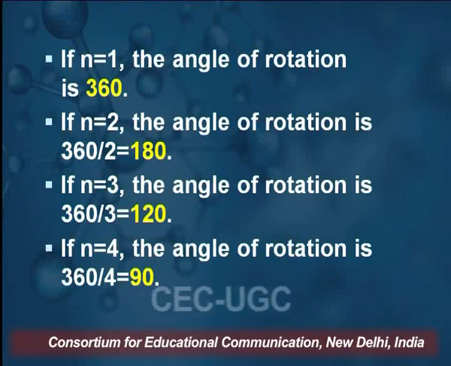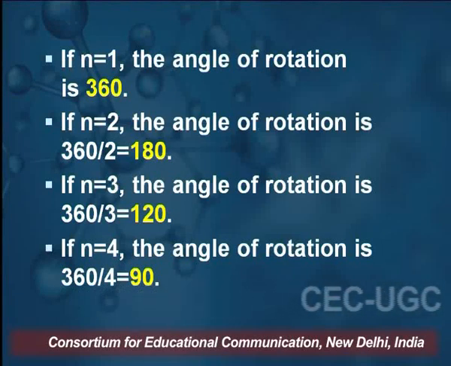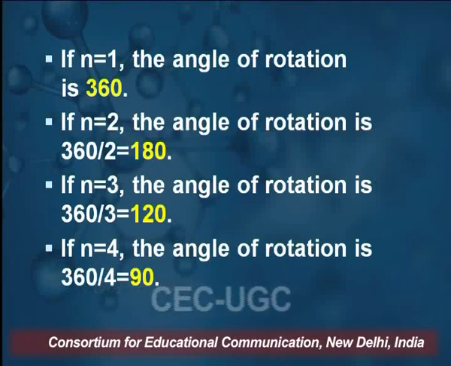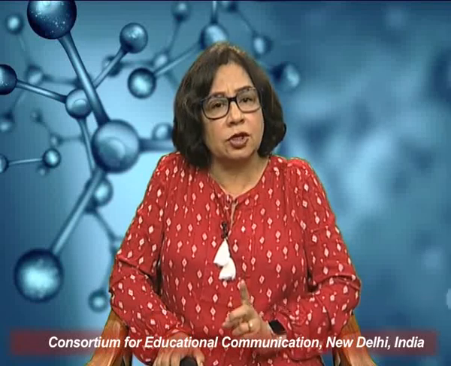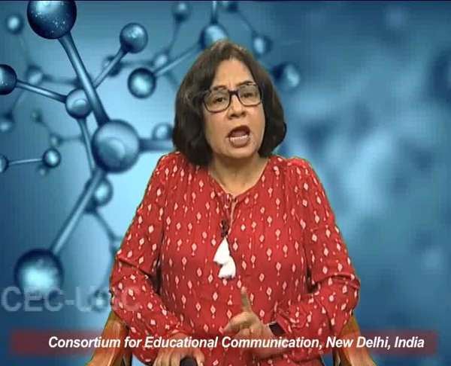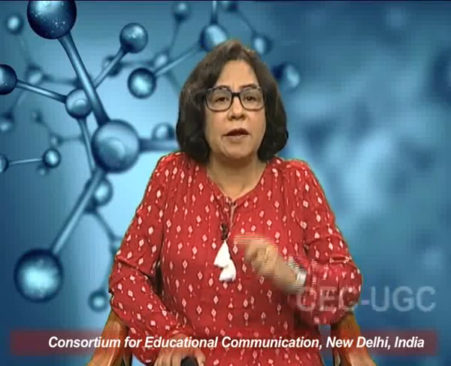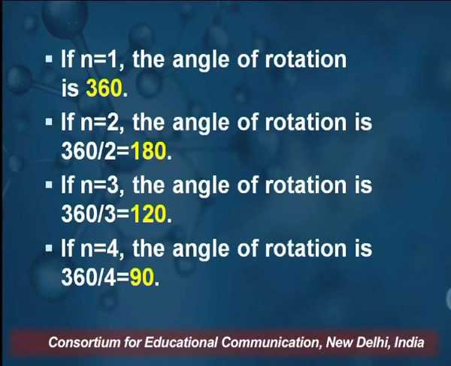When the order of symmetry of the axis Cn is 2, we are rotating the molecule by 360 divided by 2, which means this molecule will have an identical or equivalent configuration twice.